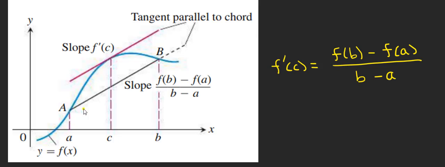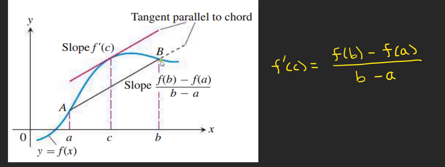Then it guarantees that there's a C between A and B, so that f prime of C is equal to f of B minus f of A all over B minus A. So what does it mean?